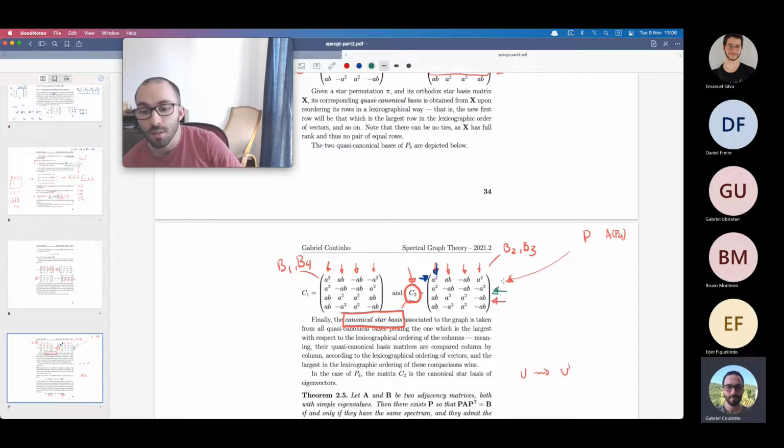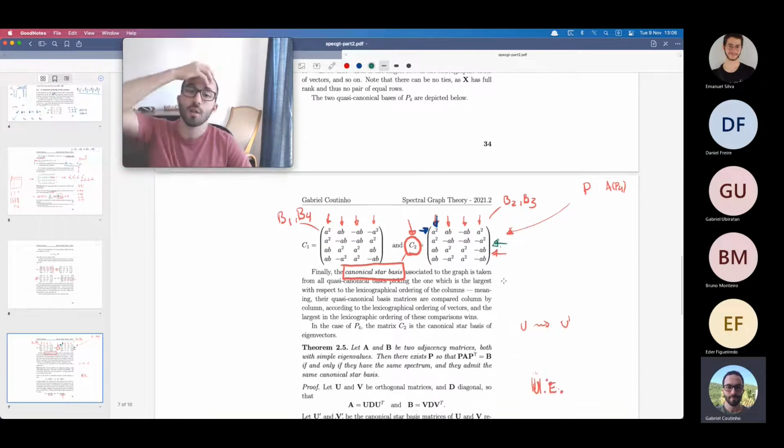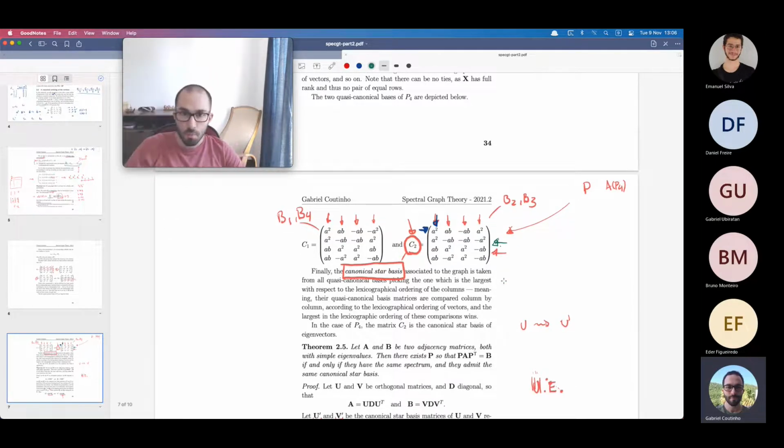All right? So we had this theorem 2.5 showing that two graphs with simple eigenvalues are isomorphic if and only if they have the same eigenvalues and they admit the same canonical star basis.